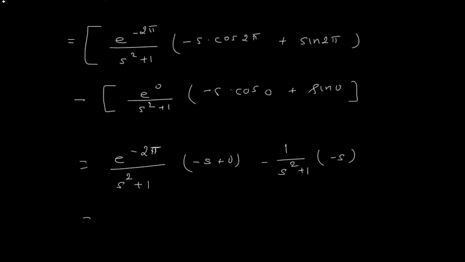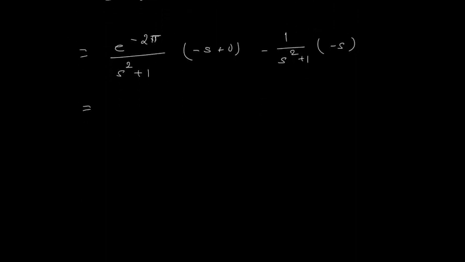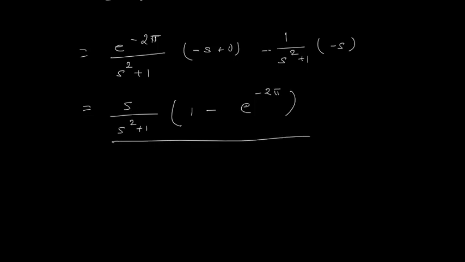So finally, you can see that minus minus becomes plus, so s upon s square plus 1 is common, I will take this common. Here I have 1 remaining, and here I have minus e power minus 2 pi, so 1 minus e power minus 2 pi. Okay, so this is your Laplace of f of t.